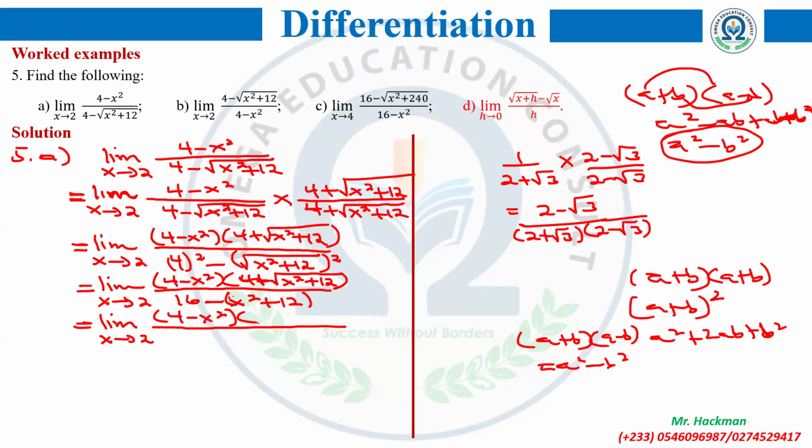Then you get 4 plus the root of x squared plus 12. Then the denominator will give us, just for explanation's sake, 16 minus x squared minus 12. Going forward, you are mature, so I will skip that. Do you agree?